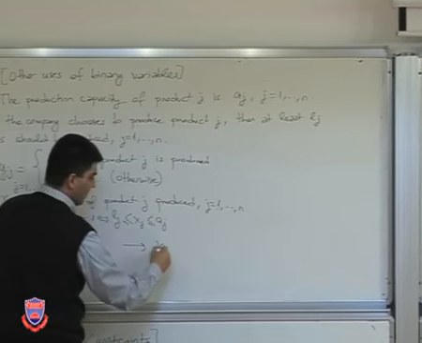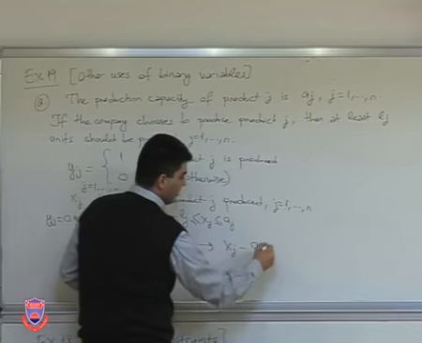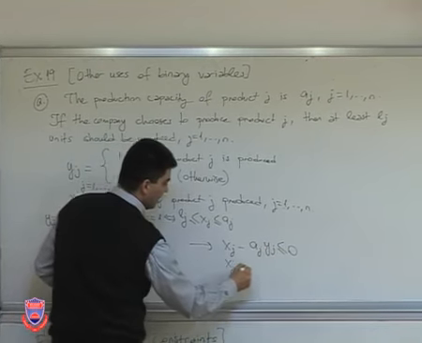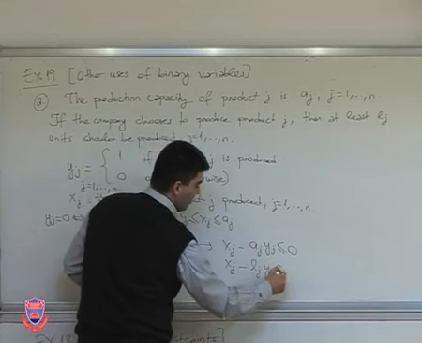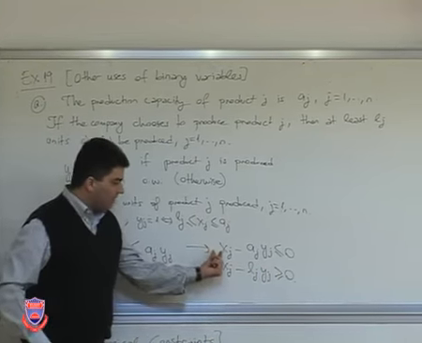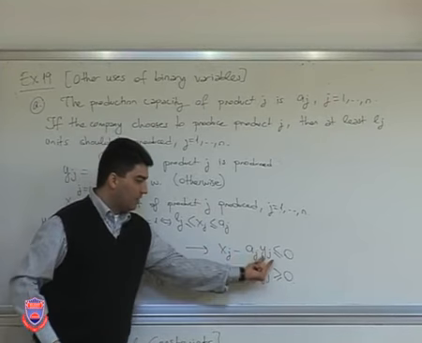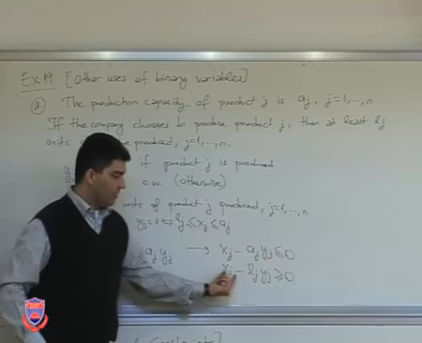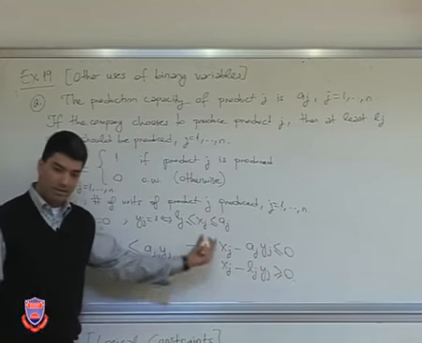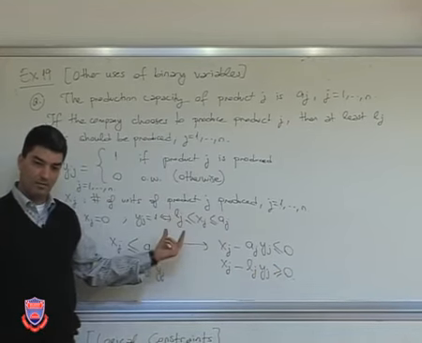I can write this as xj minus aj times yj is less than or equal to 0. And I can write this as xj minus lj times yj is greater than or equal to 0, right? So as a result, I have a constant times a variable minus a constant times a variable less than or equal to a constant, and greater than or equal to a constant. So everything fits into the format of an LP constraint.